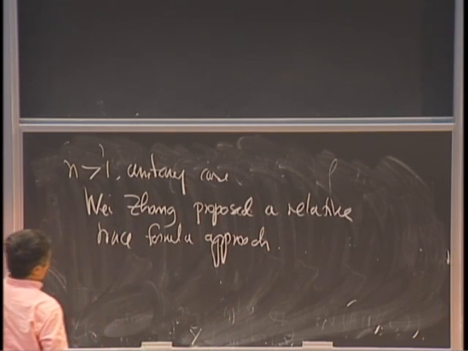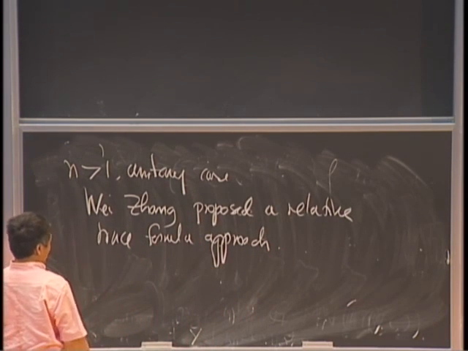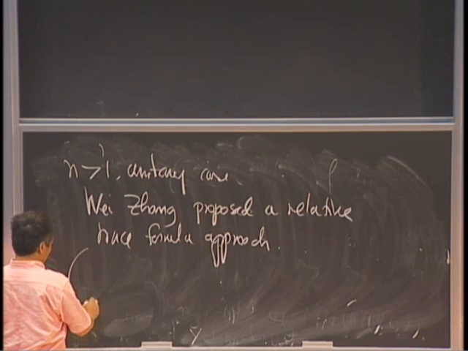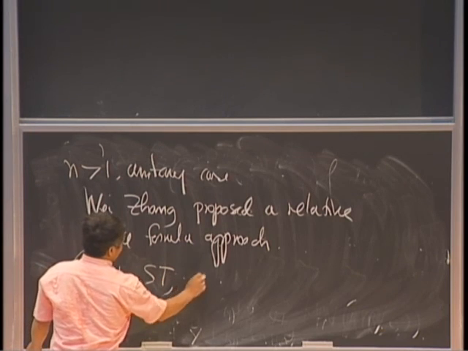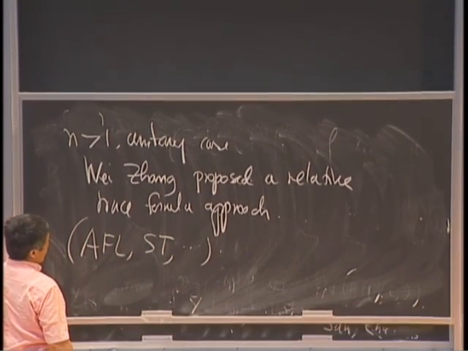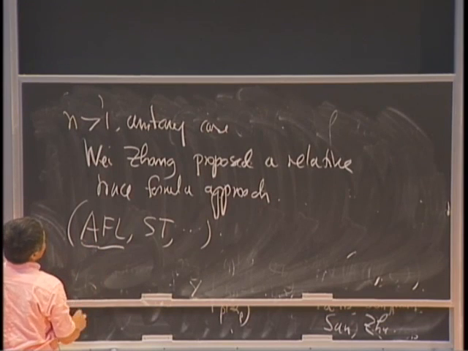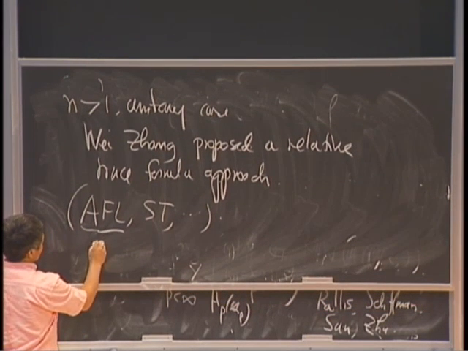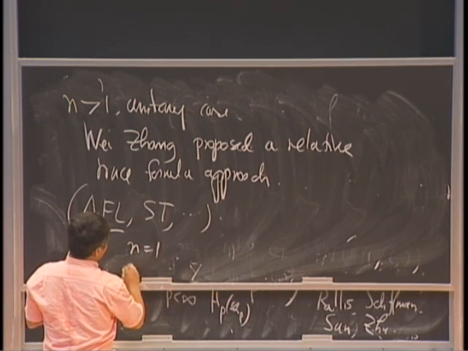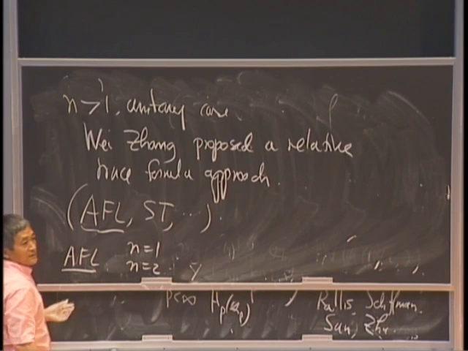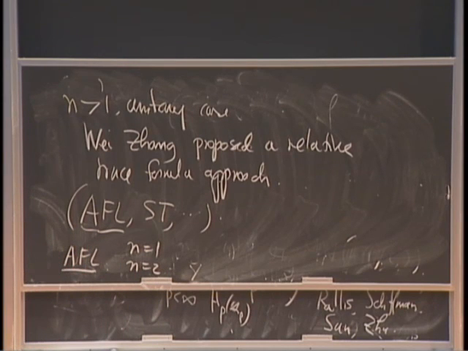And the relative trace formula, for this starting point, you have, in this case, this arithmetic fundamental lemma. You have a smooth transfer. Many things you need to check one by one. This arithmetic fundamental lemma has been proved by Wei Zhang himself, that n equals 1 and then n equals 2. So in general, still open. And well, I guess that's all the situation, all the cases we know so far.